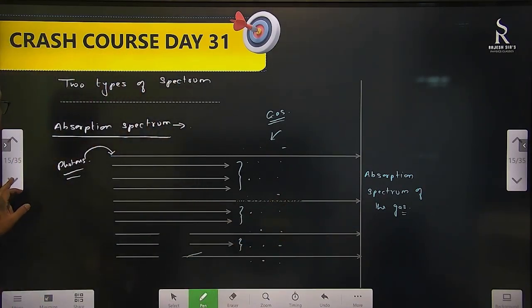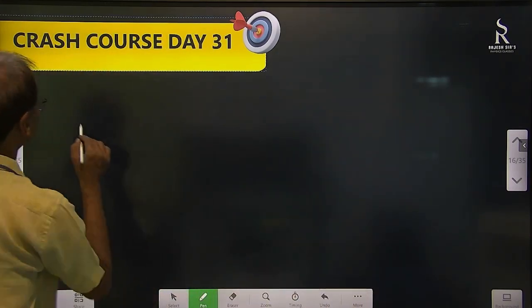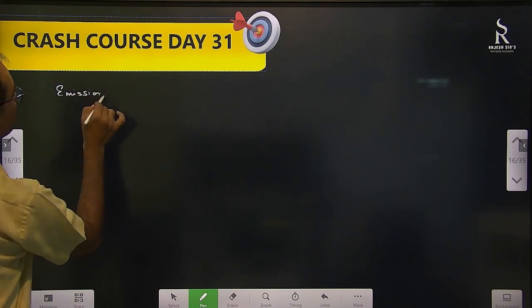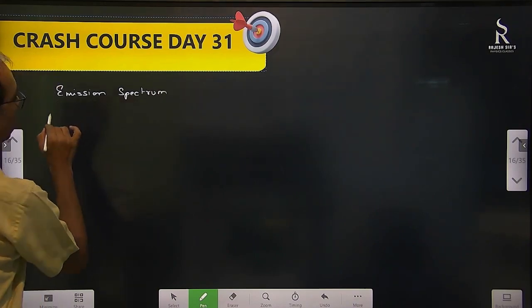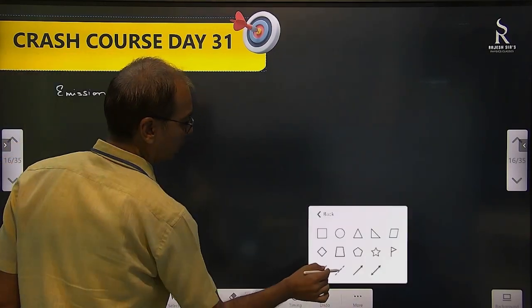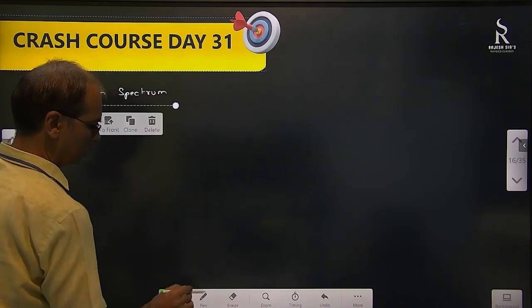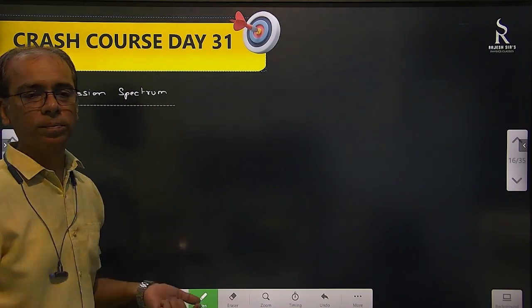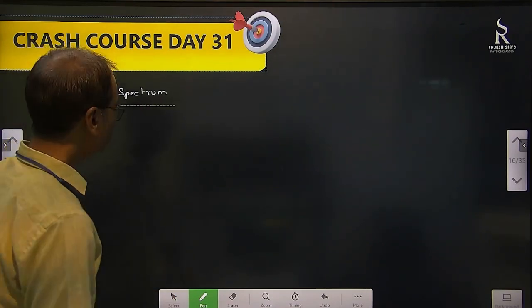Exactly the same way is the emission spectrum. Emission spectrum happens when the atom is already excited. When the excited electron is going to come to the ground state, or de-excite, it is going to release a photon.